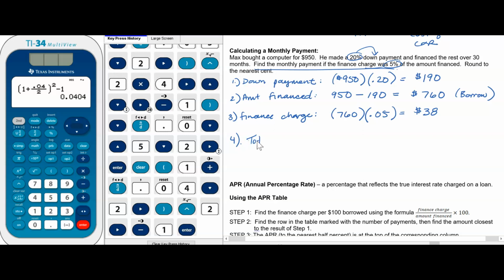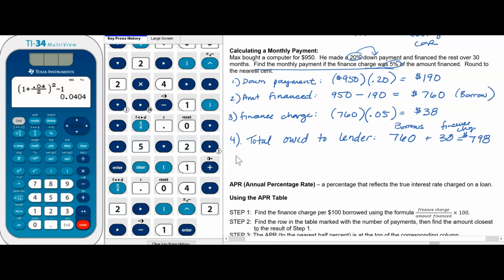So I'm just going to write total owed to the lender. So he's going to have to pay back the $760. That's how much he borrows. And then he's also going to have to pay that finance charge of $38. And so we're going to add those together and get $798. So that's the total that he ends up needing to pay back.